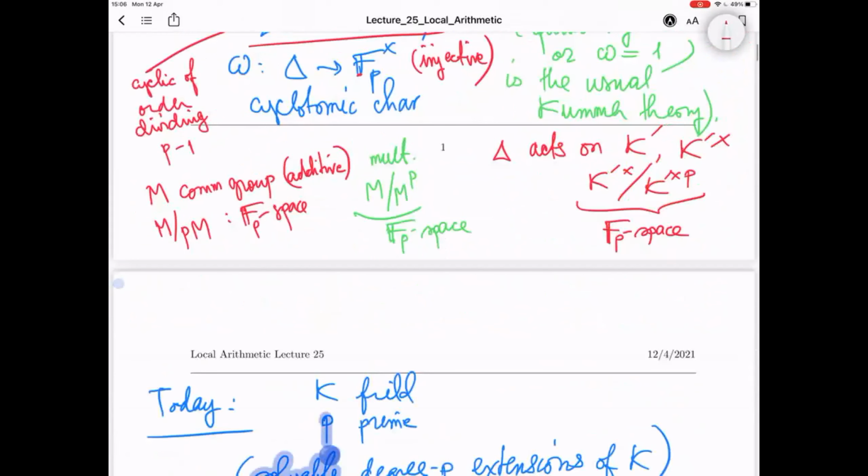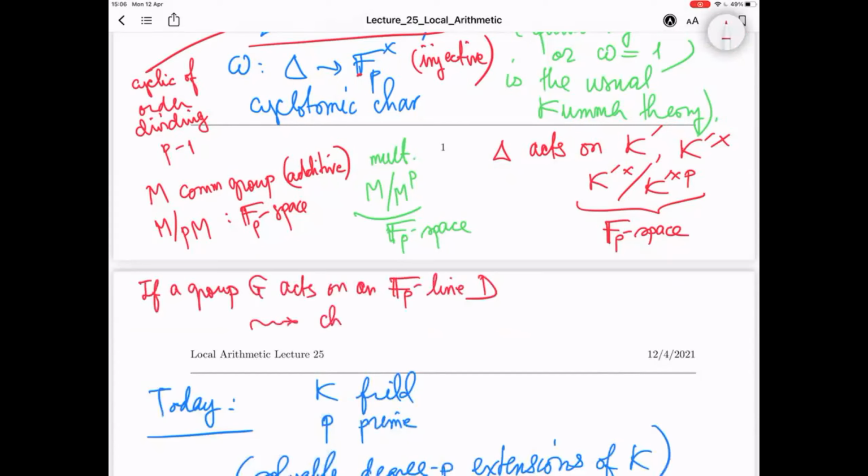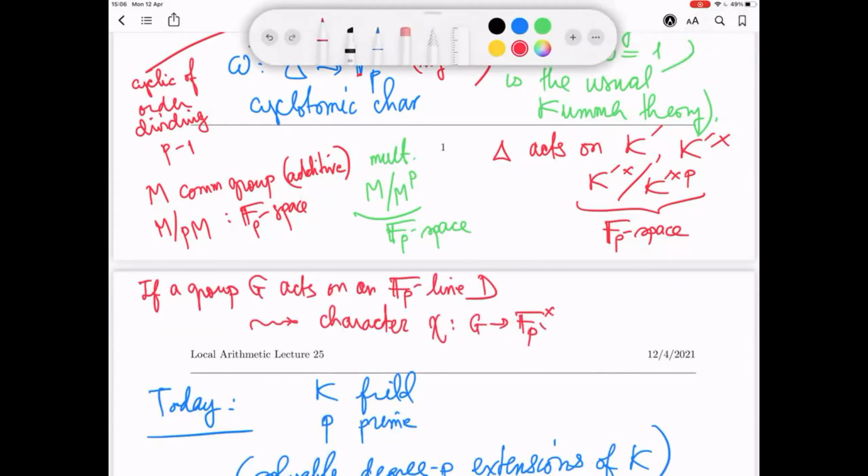So if a group, I don't know, call it G, acts on an F_p line D, then of course you get a character chi from G to F_p star. F_p star is here. And why do you get this character? Because this F_p star is nothing but the group of automorphisms of D as a vector space over F_p.